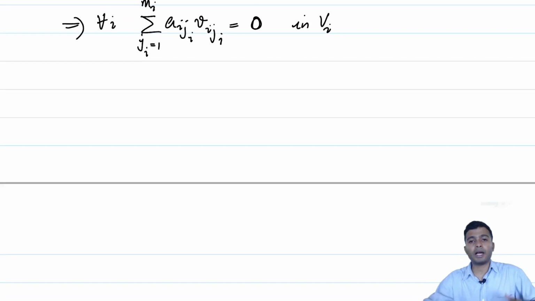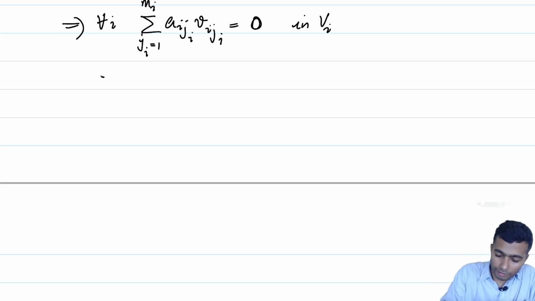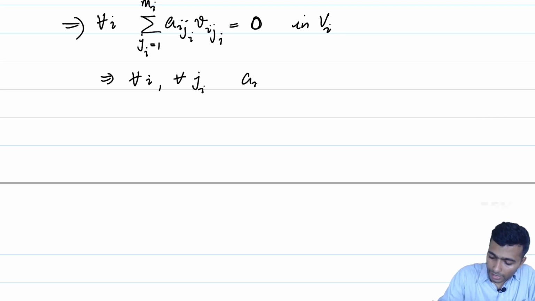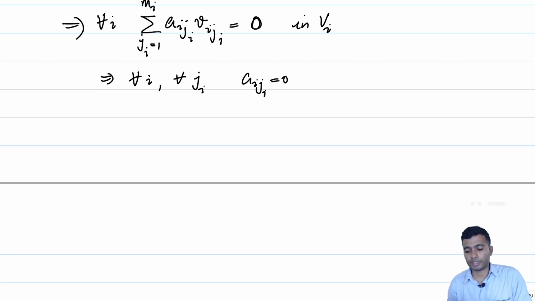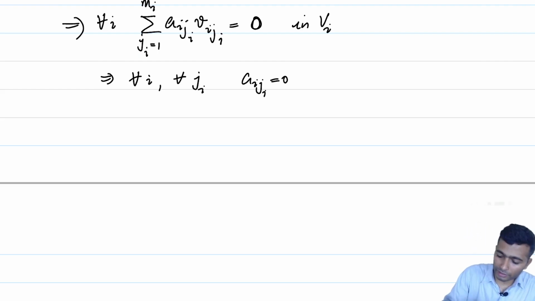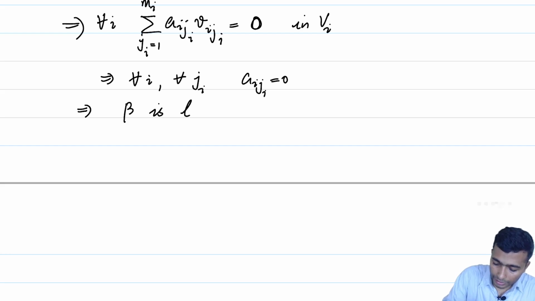And we know that beta i is a linearly independent set, which implies that for all i, for all ji, ai ji is equal to 0 by the linear independence of beta i. And this implies that beta is linearly independent.